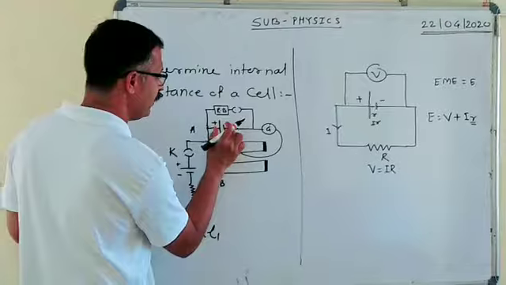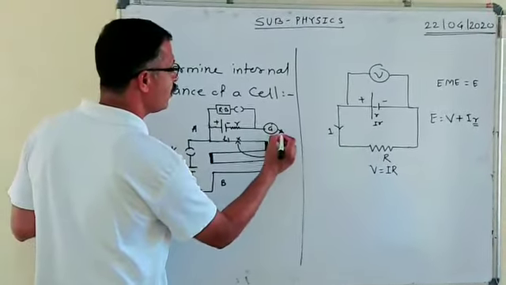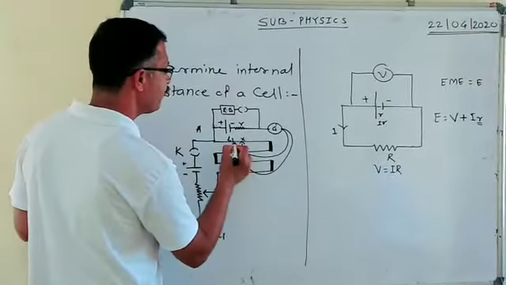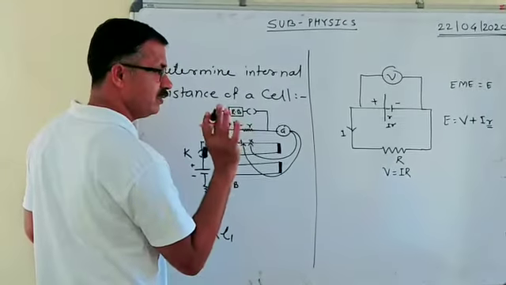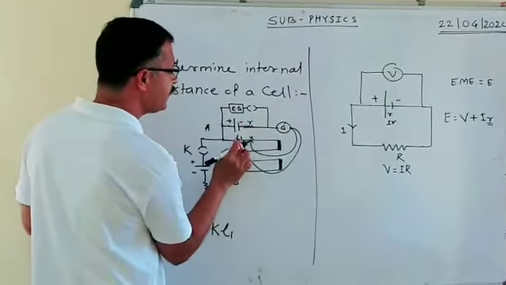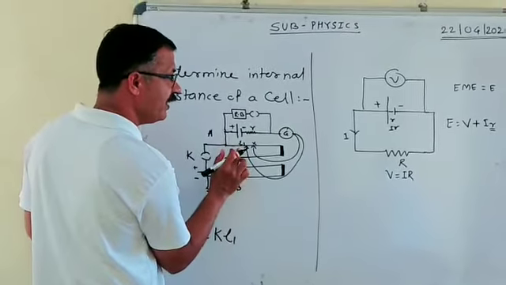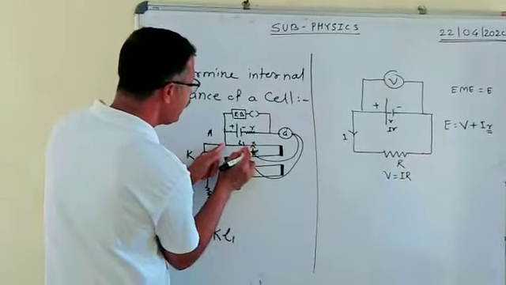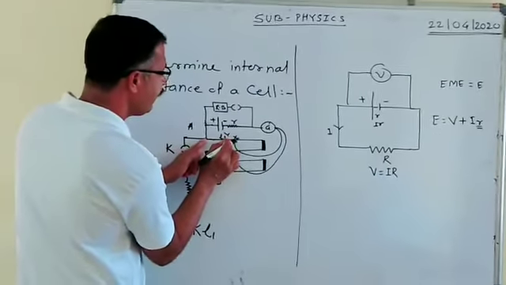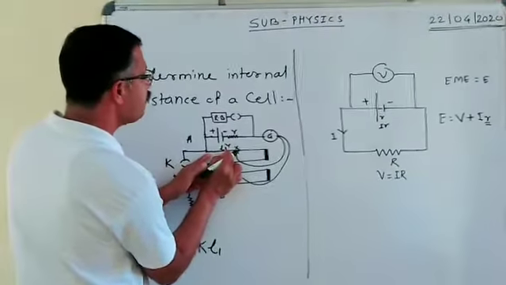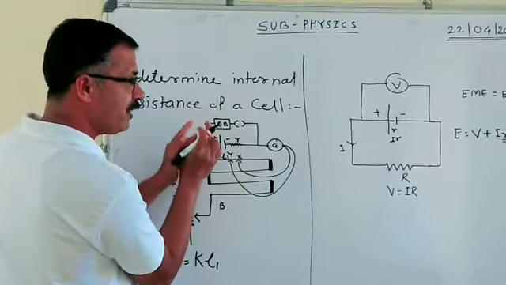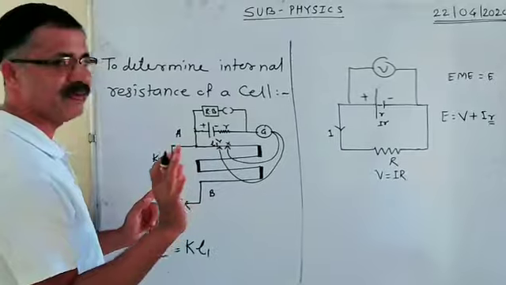Hence, if we connect this galvanometer anywhere on this wire now, it shows zero deflection at a certain point. Here, this galvanometer shows zero deflection, then the potential difference across this AY is nothing but the potential difference developed across this resistor, because it is not equal to the EMF.